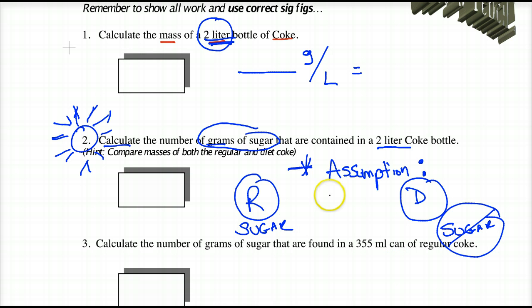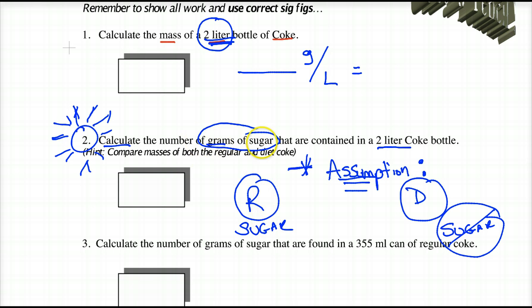So we're going to say the difference in these masses is the sugar. That's how we come up. Now, that's an assumption that we're going to test the validity of in this lab. So the main crux of this lab, focus people, is that we're going to see if, in fact, we get the right number of grams of sugar from a can of Coke, and we're going to test to see that, hey, does Diet Coke and regular Coke have the same amount of ingredients except for the sugar?